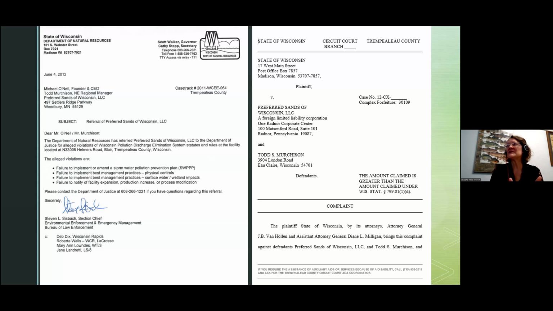So in your instance, if you had a situation similar to this, you would cite your reclamation violations and you would inform them that you are referring the matter to your district attorney or to your corporate counsel to be processed as a civil suit. And that letter doesn't have to be very lengthy.